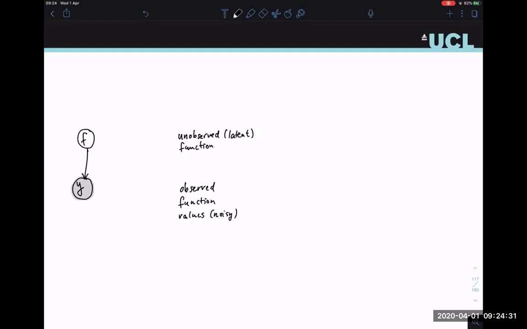The length scale parameters control the distribution of the function. So I'm going to use notation like theta as the hyperparameters of the Gaussian process.